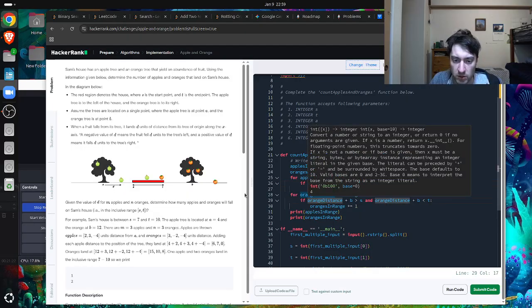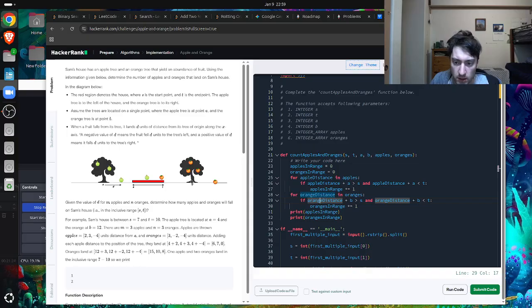Now this one, if orange distance is greater than S, that's this region, and less than T here. I think that's accurate.